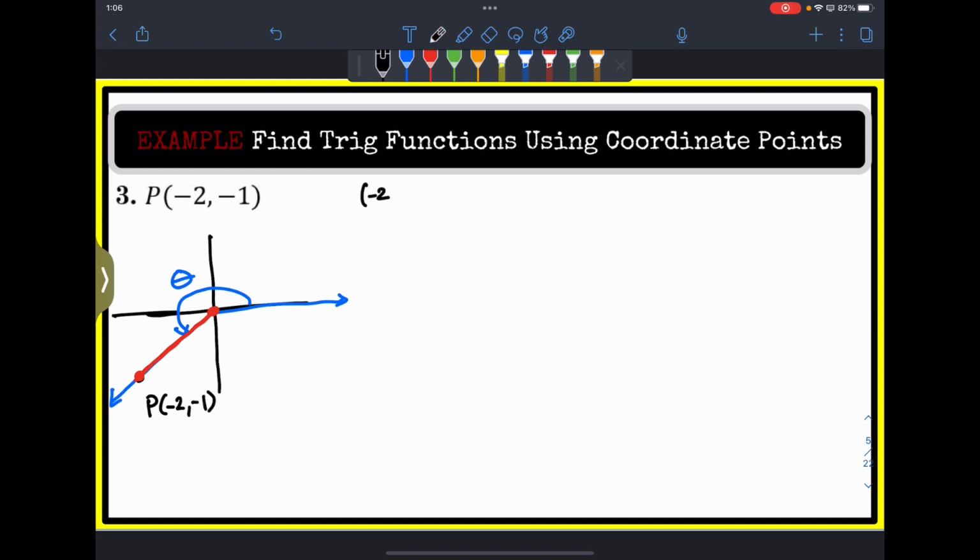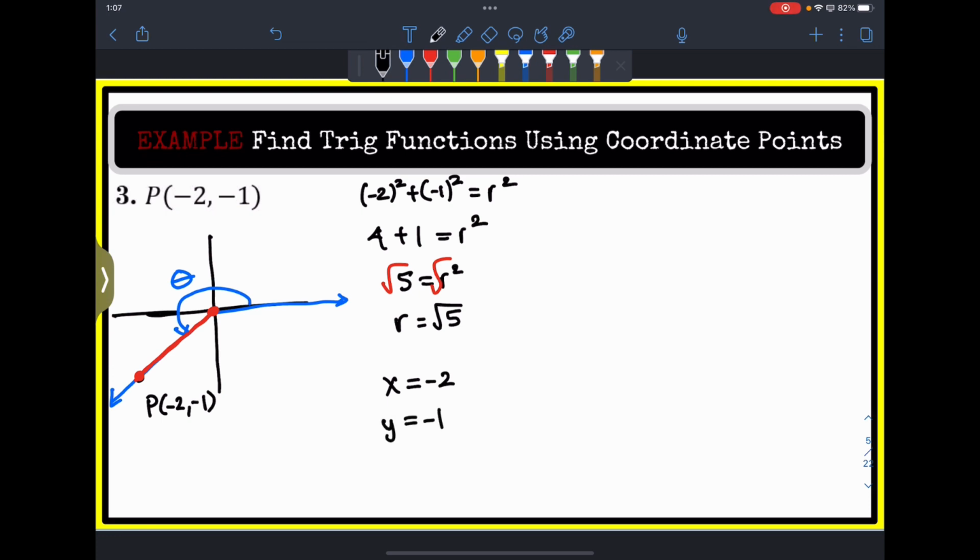So negative 2 squared plus negative 1 squared equals r squared. So 4 plus 1 is 5. And taking the square root, we end up with the square root of 5. So x is negative 2, y is negative 1, and r is the square root of 5.